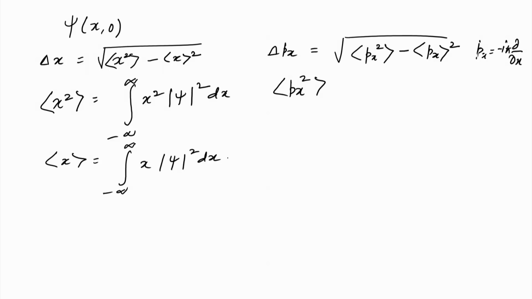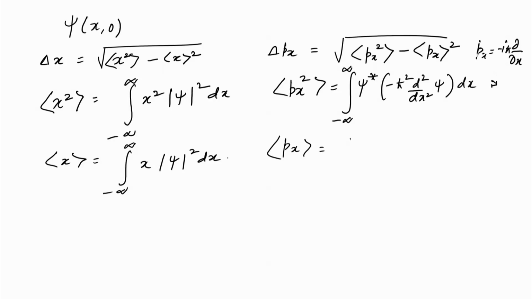This we will talk about soon, and this can be obtained as psi star. You cannot put all these psi's together, because this is a psi star and there is a minus h cross square d 2 by dx 2 acting on psi dx, again from minus infinity to plus infinity, whereas p x expectation is the integral from minus infinity to plus infinity of psi star times minus i h cross d psi dx.